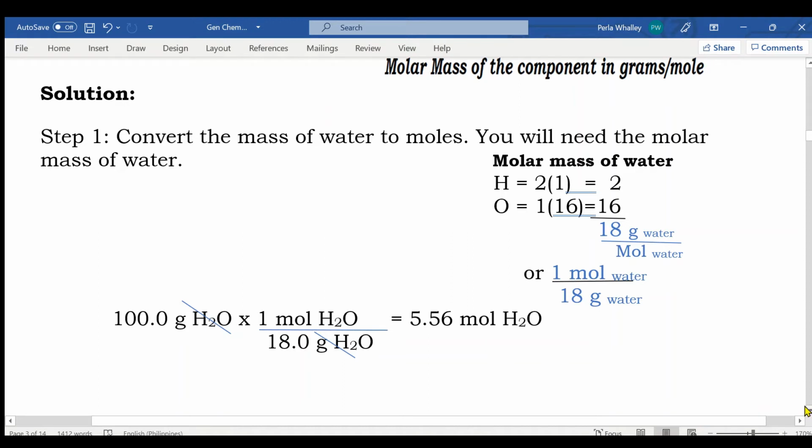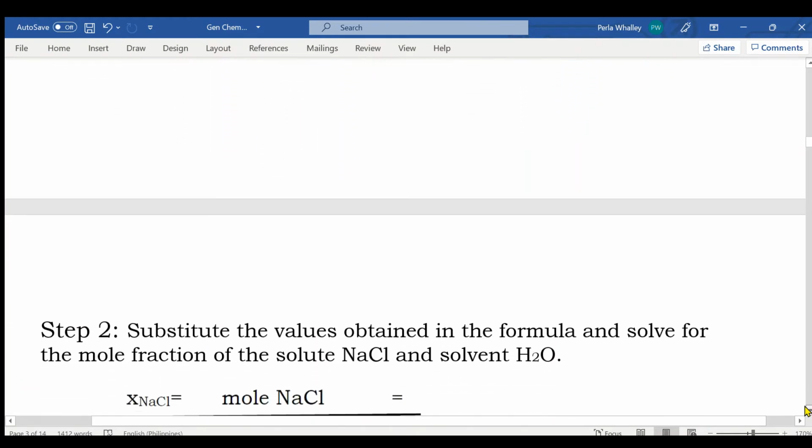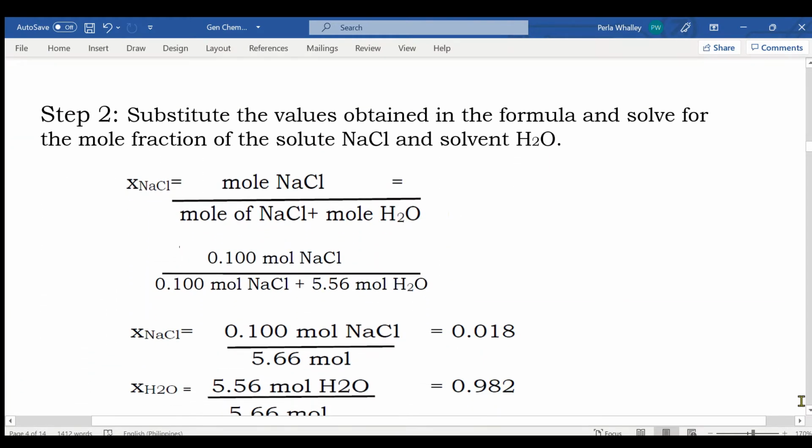Next, step 2. Substitute the values obtained in the formula and solve for the mole fraction of the solute sodium chloride and solvent water. Mole fraction of sodium chloride is mole sodium chloride divided by mole of sodium chloride plus mole of water.